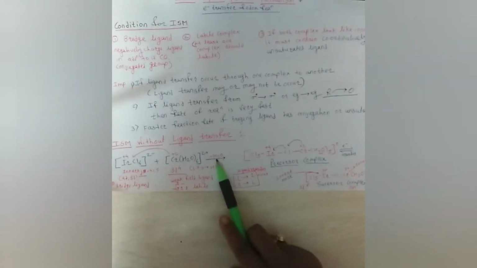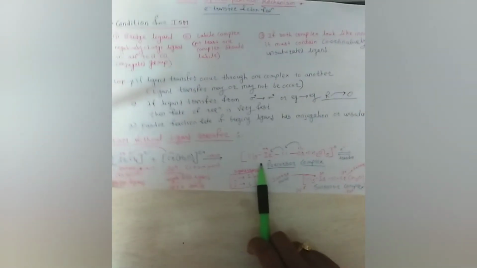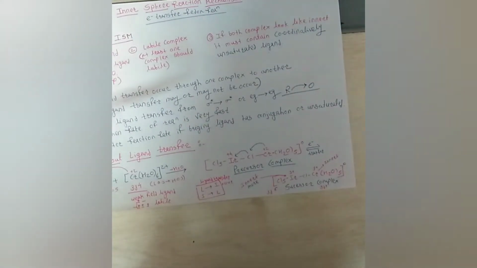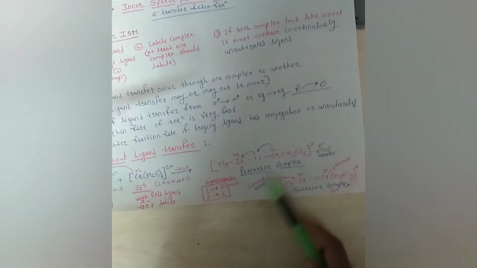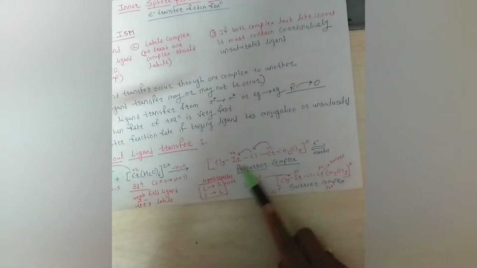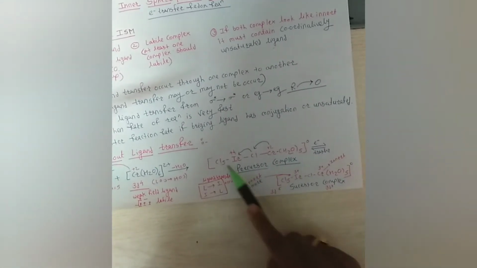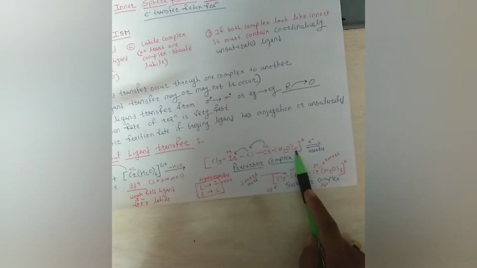So a water molecule is removed, and we get the generation of Cl5Ir, with chlorine acting as a bridging ligand between the two complexes, and there is generation of a precursor complex, that is Cl5Ir-Cl-Cr(H2O)5.